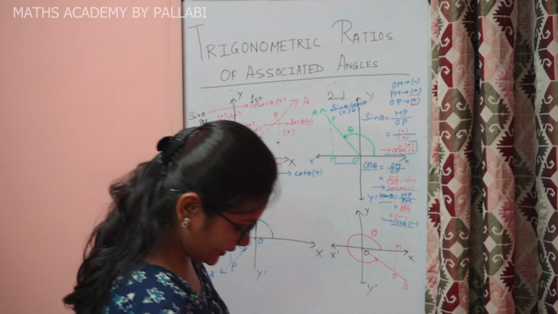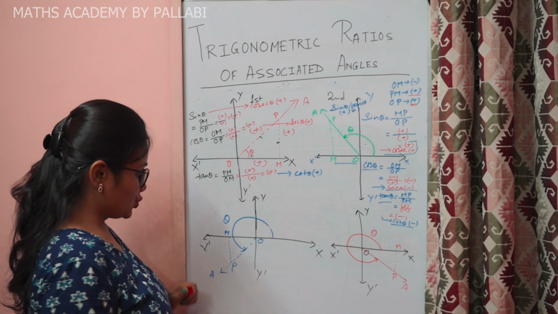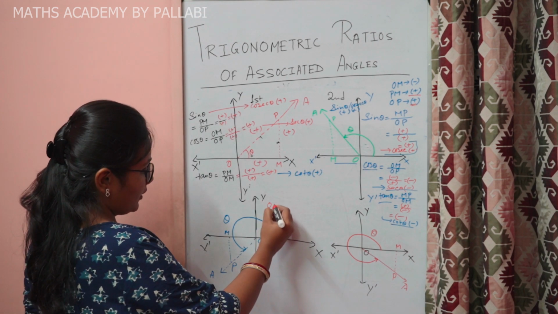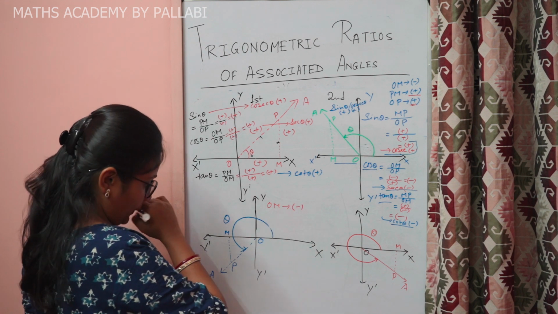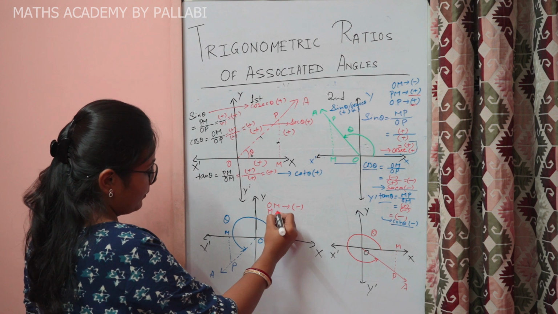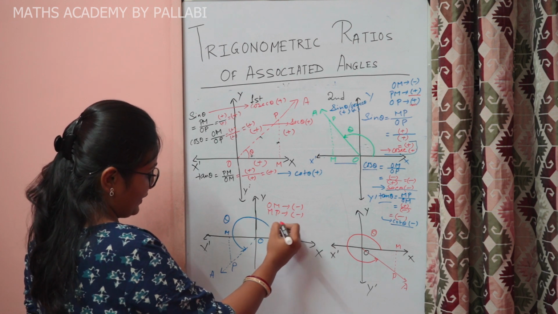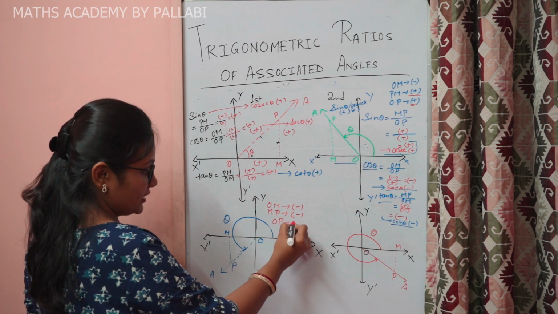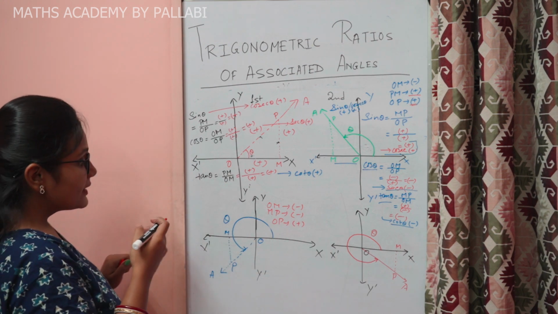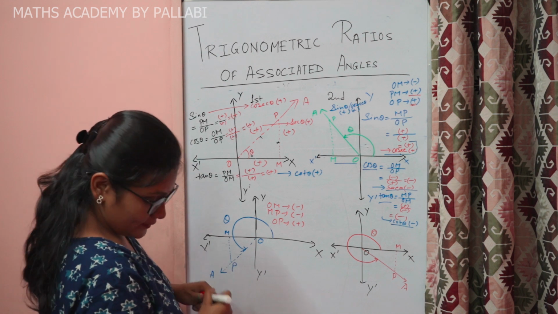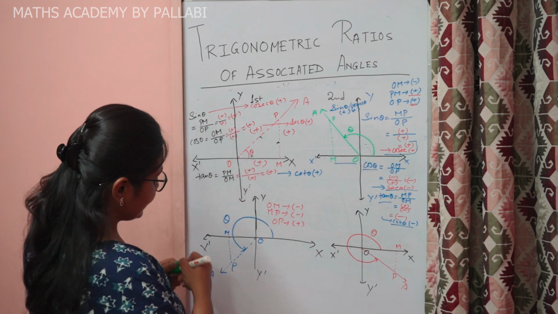If OA lies in the third quadrant, what will be the sign of the trigonometric ratios? Here OM will be negative, PM will be negative, and OP will be positive for all the quadrants. Now consider sin theta.